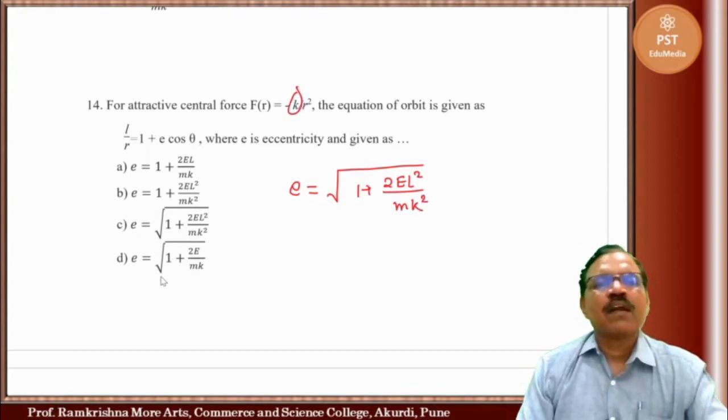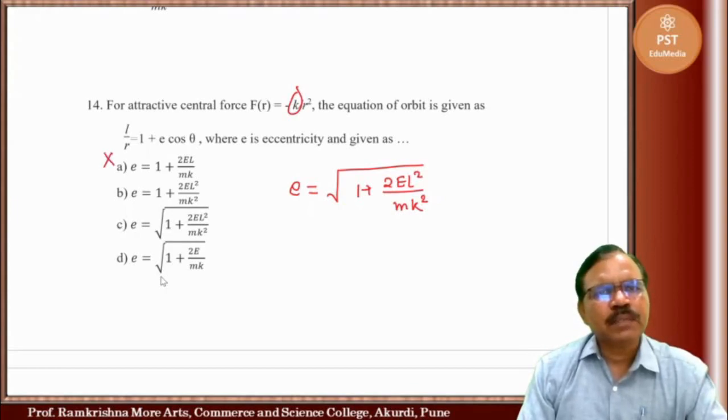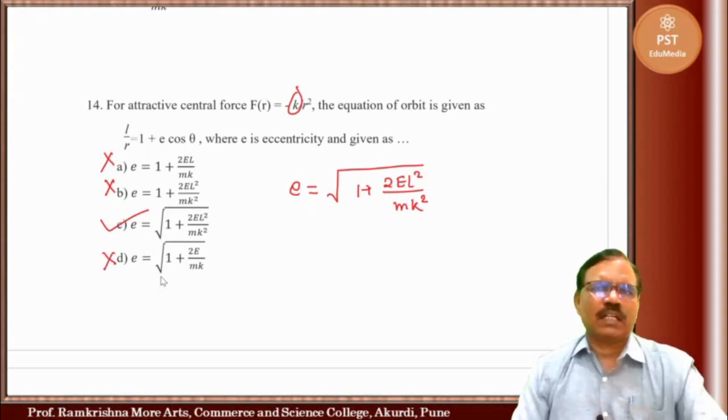So out of these, the first one is not correct, the second one is not correct, the third, e is equal to root of 1 plus 2EL square upon mk square, is correct.